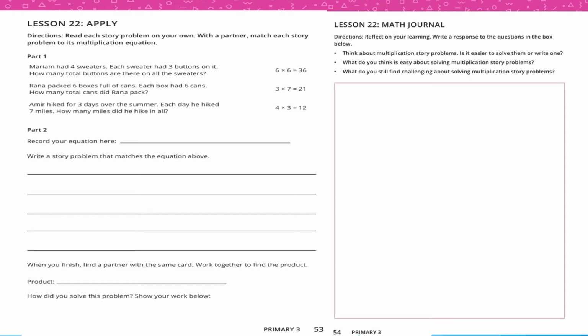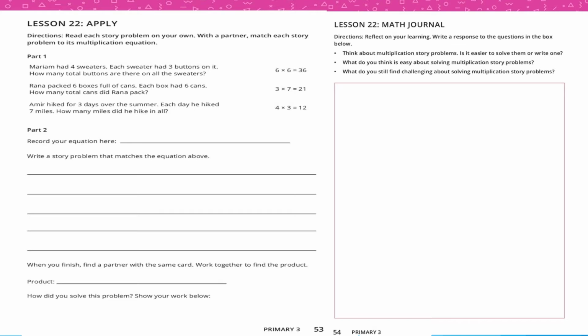Now let's move to lesson 22. Read each story problem on your own or with a partner and match each story problem to its multiplication equation. The first story problem. Maryam had 4 sweaters. Each sweater had 3 buttons on it.